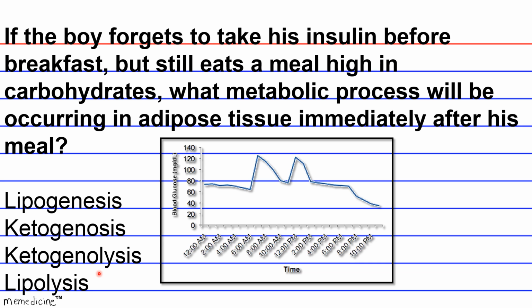I'll give you a moment to think. This might not be so obvious initially, but it should occur to you after a few seconds what the correct answer choice is. All right.